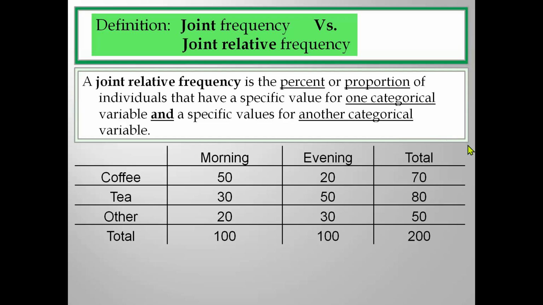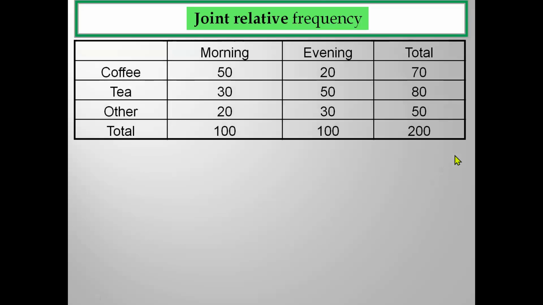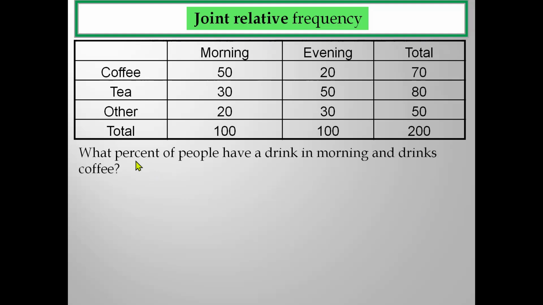Let's do a couple of problems involving joint relative frequency. Our first question is, what percent of people have a drink in the morning and drinks coffee? We want to look at the word and here. So we're looking at two categories. One is morning, so we're going to look at all the morning category.